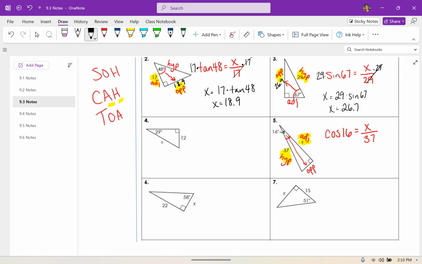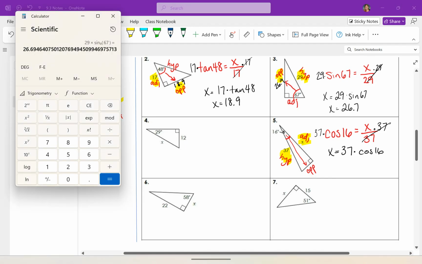We're going to solve for x, and x equals 37 times cosine of 16. So we'll plug it into the calculator: 37 times 16 cosine is about 35.6.